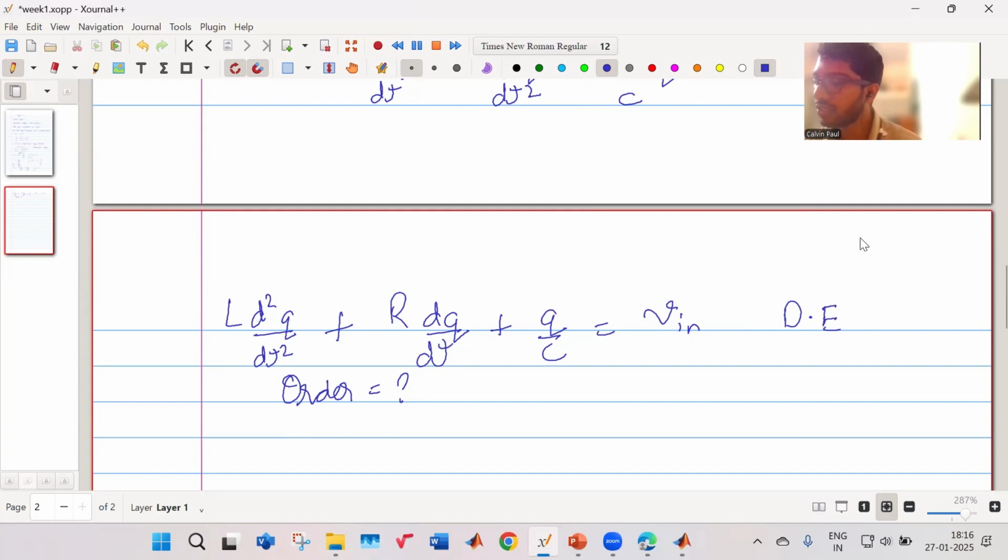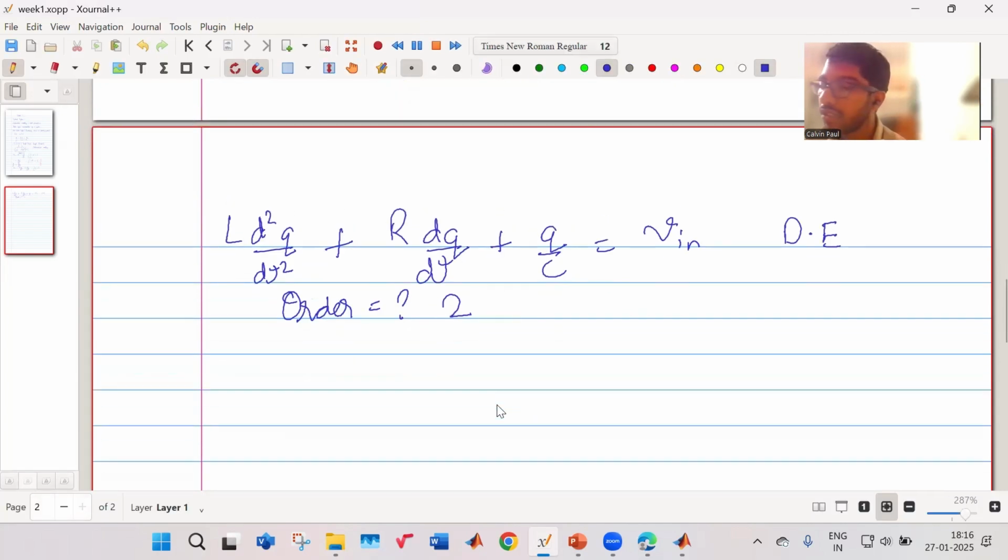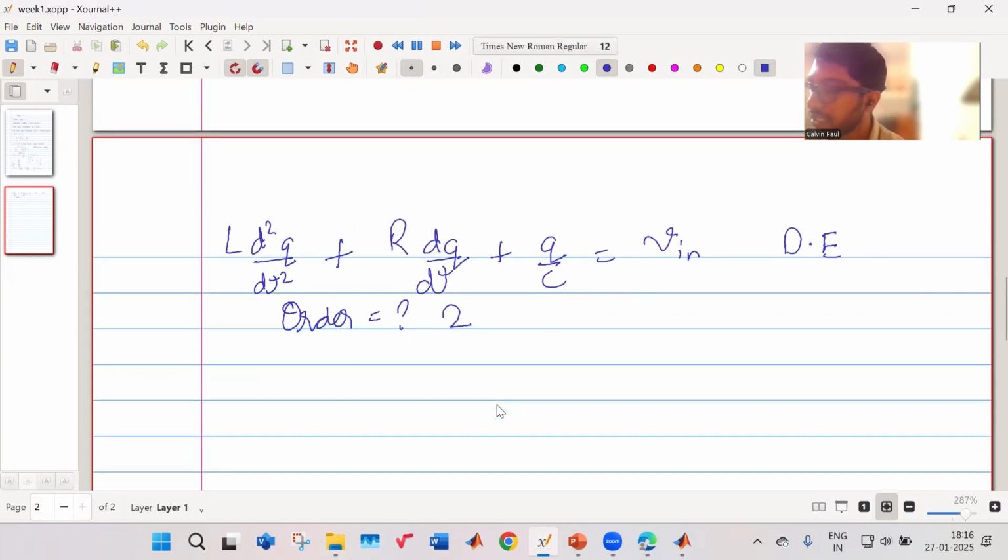So the order of this differential equation is 2. It is a second order differential equation because it is d2q upon dt2, the second derivative. So the order is 2. The highest derivative is the order of the system. And if the system's order is 2, that means in the transfer function also we will get s square, and so on. Okay. So this is the differential equation.